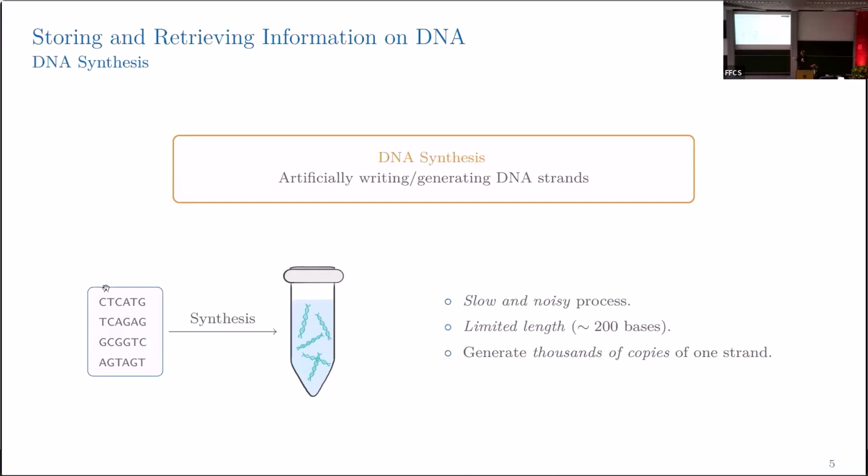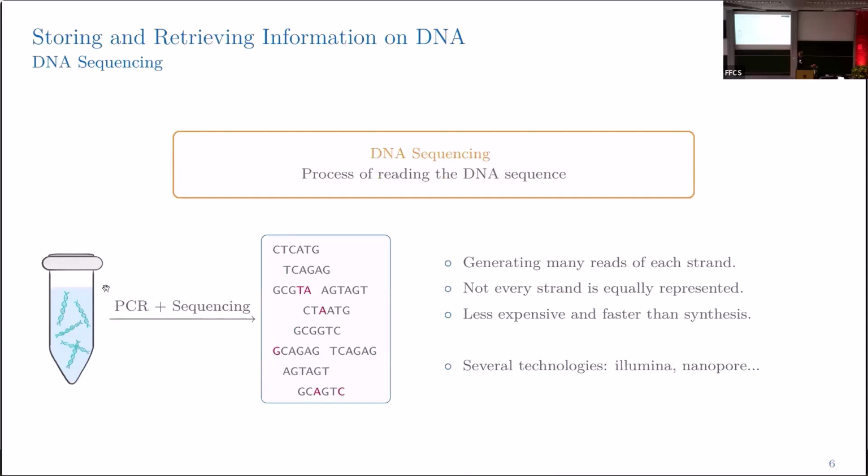So we can actually create DNA strands, but that's just the storing part. Now, at a certain point, we want to retrieve back what we have. So we need to convert this process. And this is DNA sequencing, the part of reading out what is actually written on a DNA, the bases of the DNA.